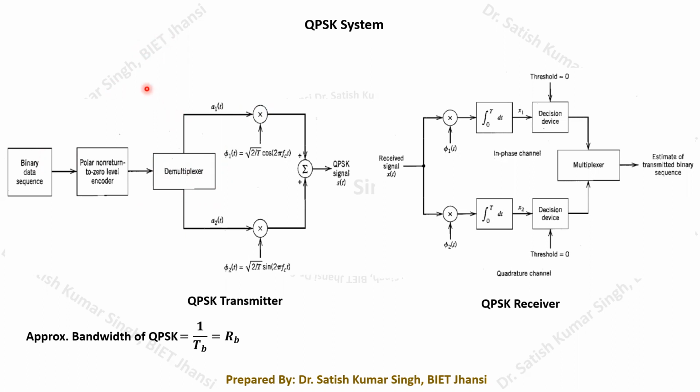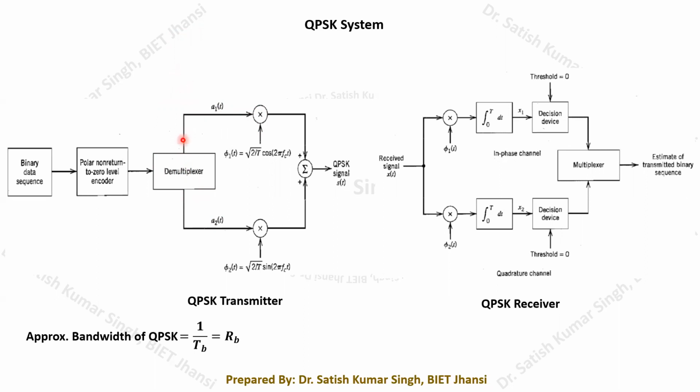As we know, for the 0 there should be a negative impulse, and for the 1 there should be a positive impulse. So when we have the negative impulse, it goes towards this particular product modulator. This A1T represents our first pulse, and this A2 represents our second pulse.